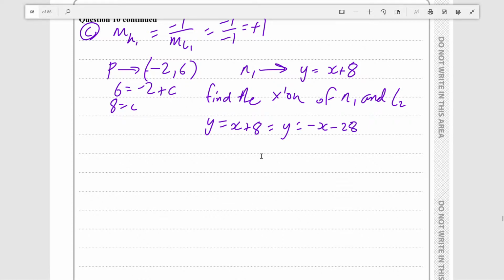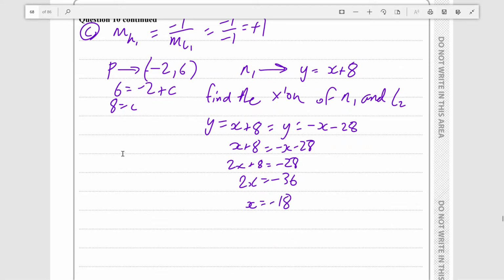And so we get to the point that x plus 8 is minus x minus 28. Add x to both sides, 2x plus 8 is equal to minus 28. Then subtract 8 from both sides, 2x is equivalent to minus 36. And therefore x is minus 18.